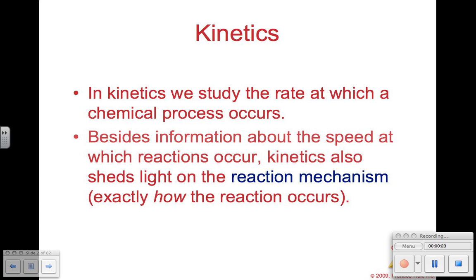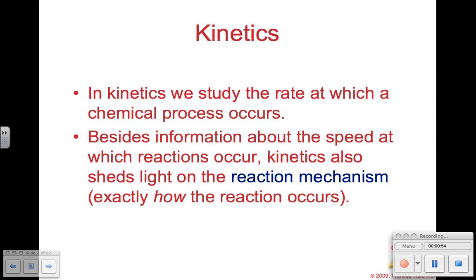So, what causes or what are the components that lead to how the reaction actually occurs is really what kinetics allows us to figure out. Kinetics reveals the speed of a reaction, whether it is slow or fast, but also maybe how the reaction actually occurs on the atomic or molecular level.